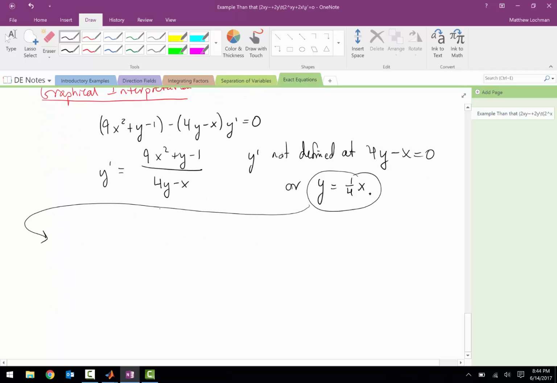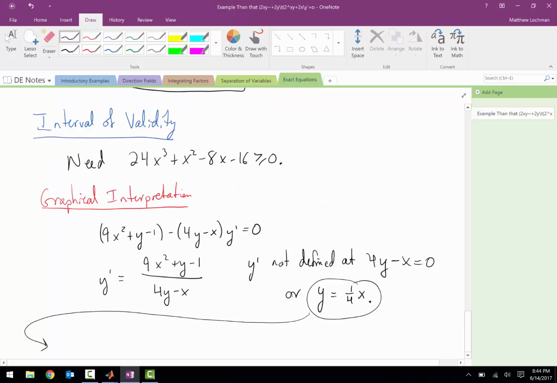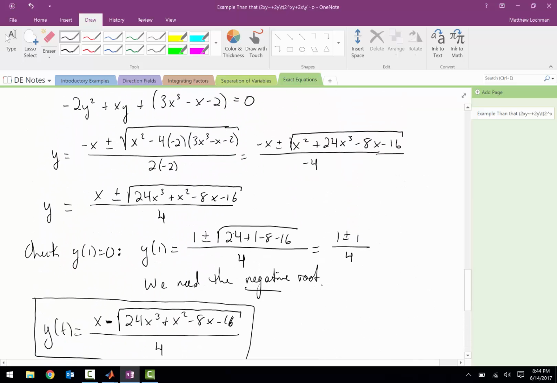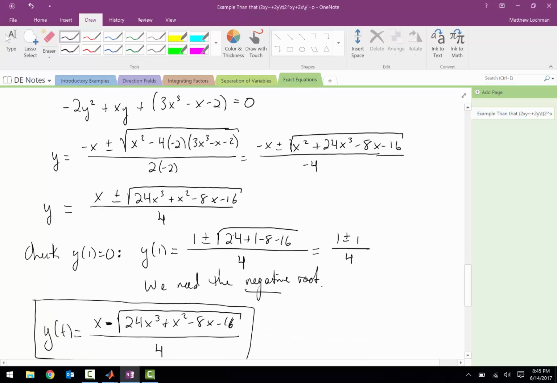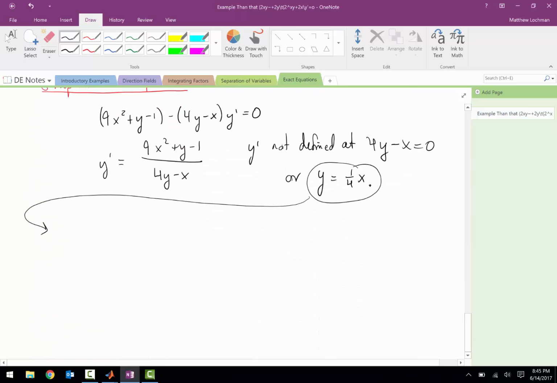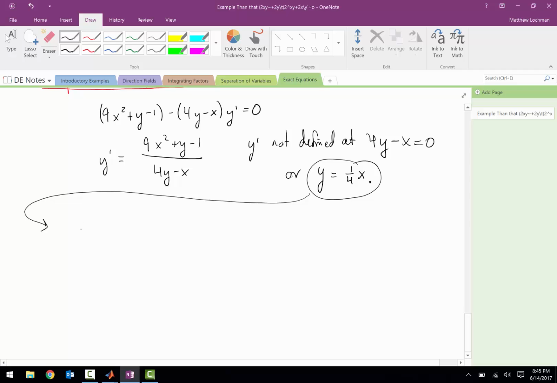Okay, so maybe I need to figure out what that implicit solution was. Okay, so here it is. Memorize it real quick. Let's hope we did. It was 3x cubed plus xy minus x minus 2y squared equals 2.